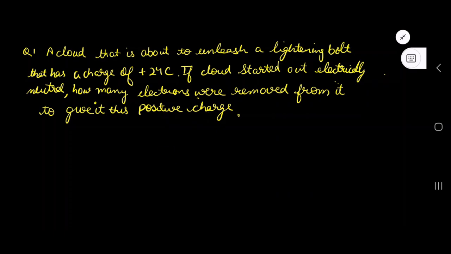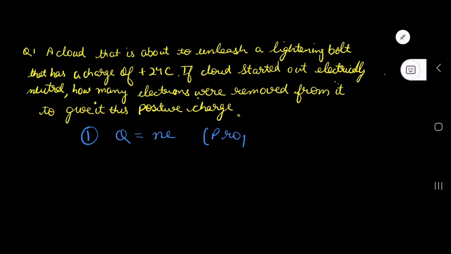If minus 24 coulomb charge is removed, then what is the number of electrons removed to give it this positive charge? In the first lecture, we saw the properties of charge, and one of them was quantization of charge, which says that Q is equal to n e.